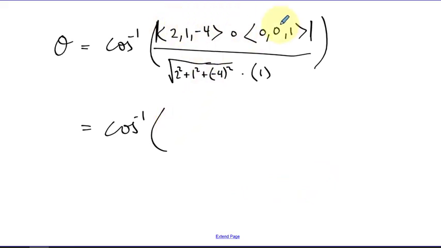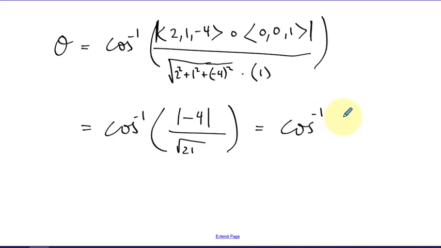So 0 plus 0 plus negative 4. So the absolute value does play a role here. 4 plus 1, that's 5, plus another 16, that's 21. So our cosine inverse of 4 over square root 21.